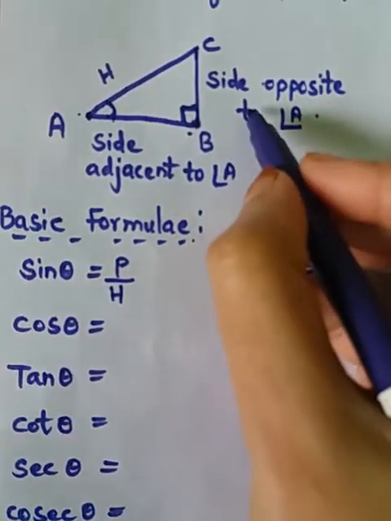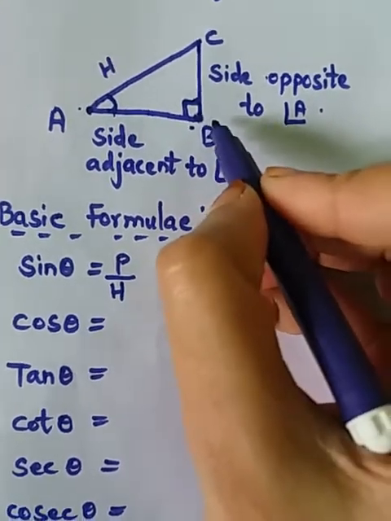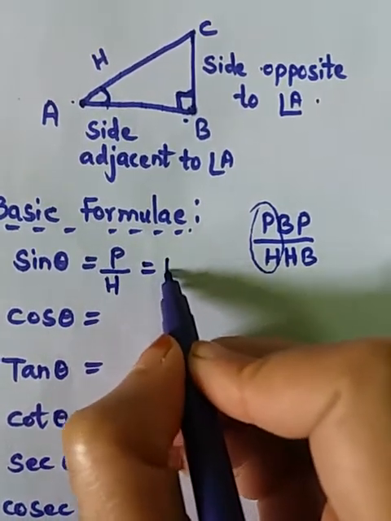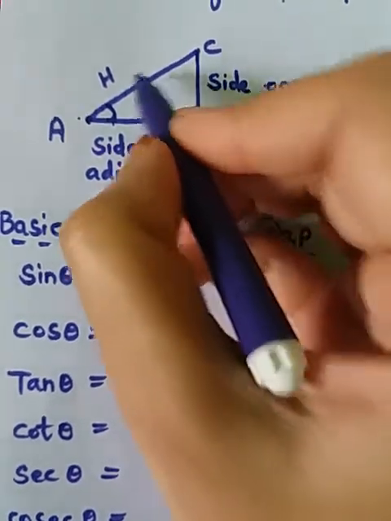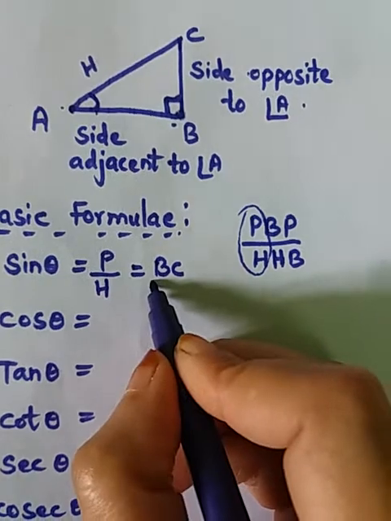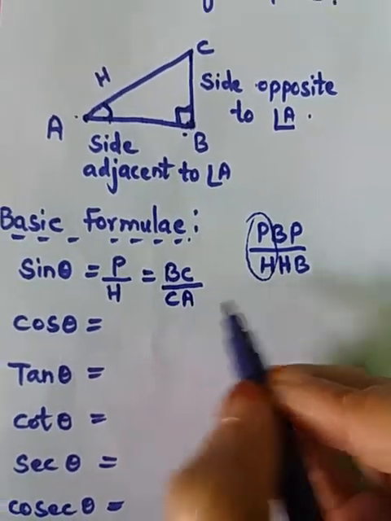A perpendicular is nothing but the side opposite to the angle A, so let's write BC. It is the perpendicular, right? Now what is the hypotenuse here? Hypotenuse is nothing but CA. BC upon CA. Well, easy?